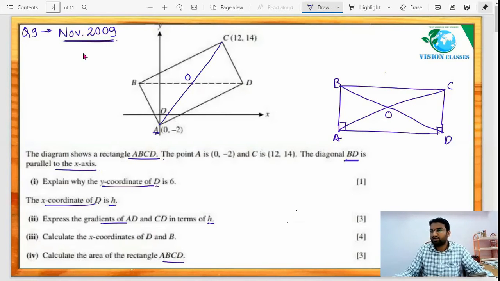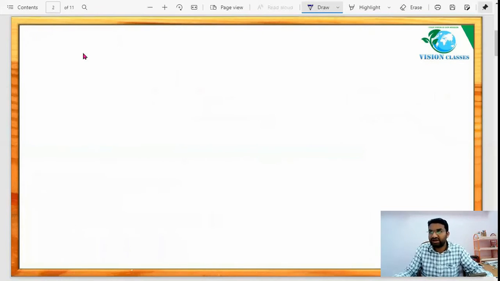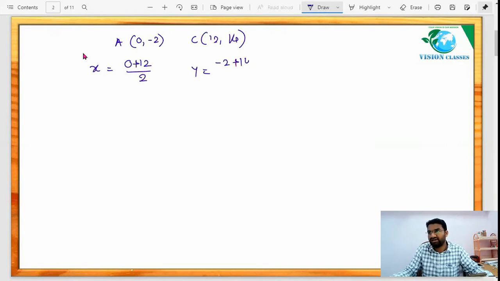So here, A is (0, -2) and C is (12, 14), right? Using the midpoint formula, the x coordinate is (0 plus 12) divided by 2, and the y coordinate is (-2 plus 14) divided by 2, which is equal to 6.